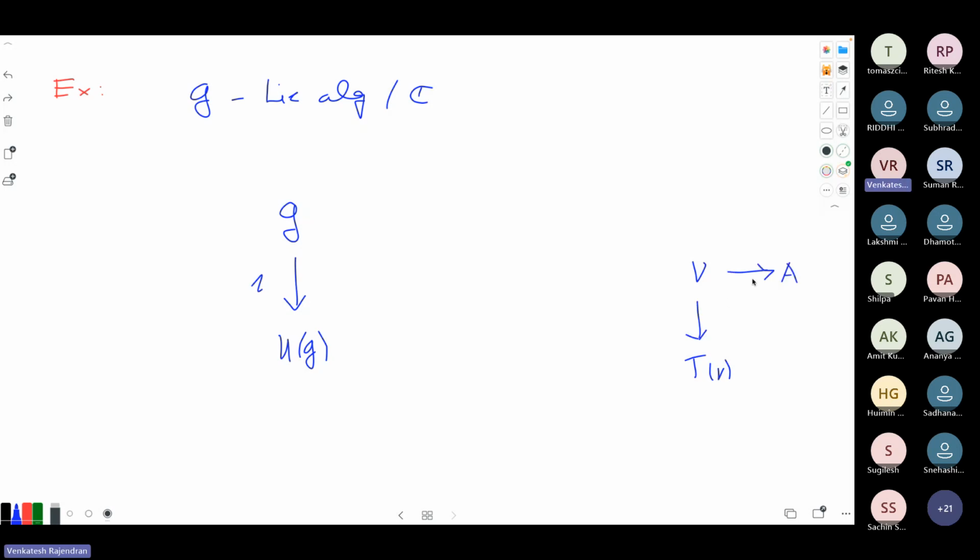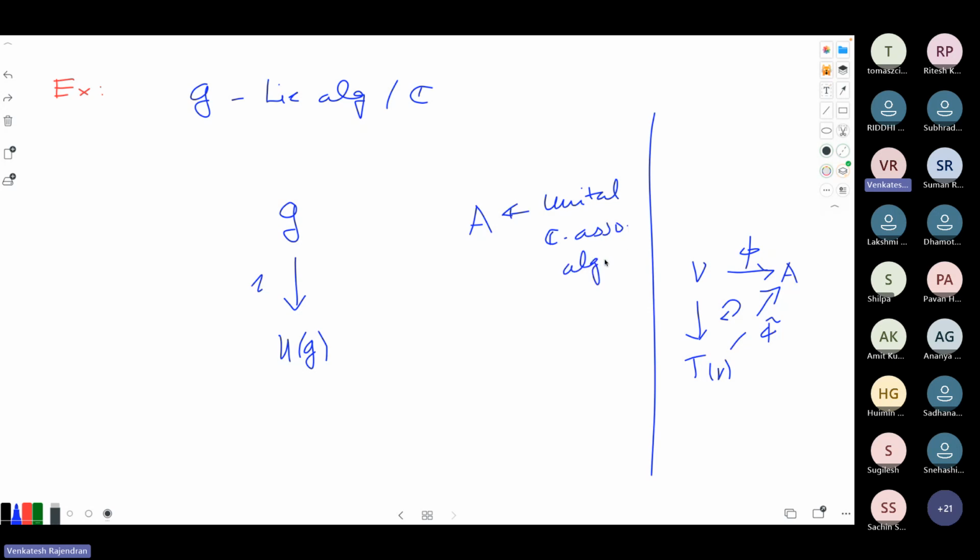The universal property of this was: given pi, you had an extension here such that this diagram commutes. Very similarly, you can start with A here, which, because UG is just an associative algebra, you just demand to be a unital associative algebra. So this is just a unital C associative algebra.